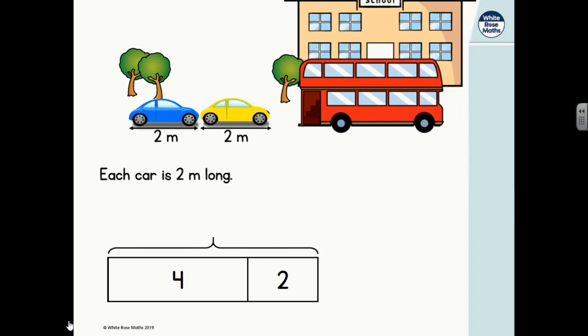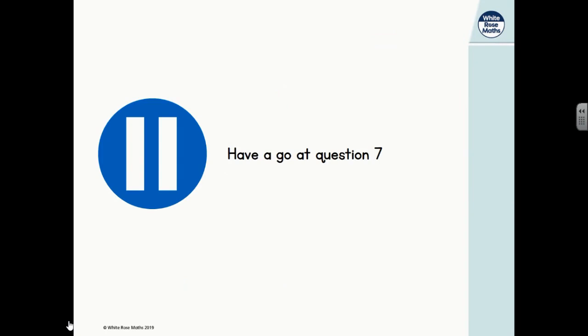What about a bus and a car? We put our brace over the top and our question mark, because we want to know how long a bus and a car are. What would our calculation be for this one? Pause here to have a go at question 7.